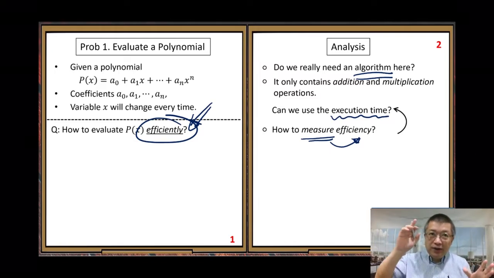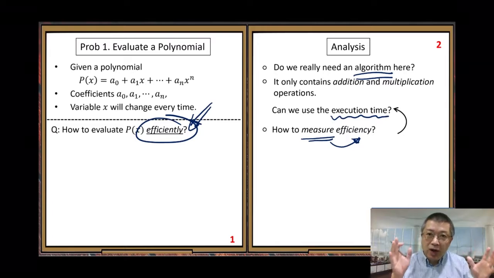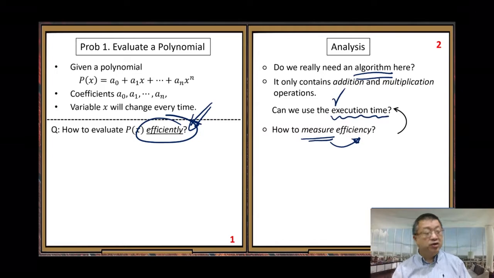So you hit the enter, then look at the response time, right? So it's very easy to use the execution time as the measure. But although it is pretty convenient to use execution time, it may not be a stable measure. Here, I want to give you this concept: this measure is not stable.